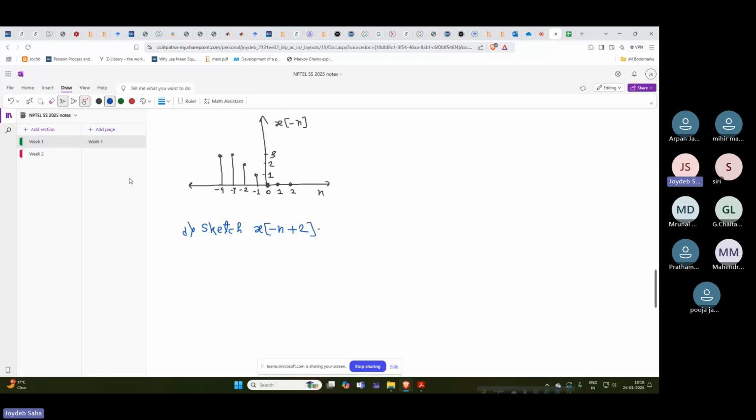Now you people think how to solve this. Try 1 or 2 minutes. You take and try to draw in your notebook, and then you match your answer with my answer. Okay.